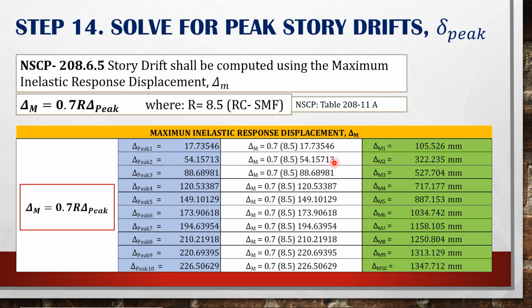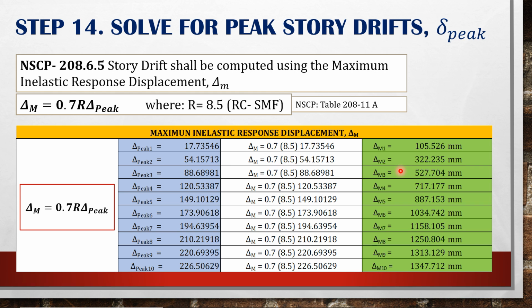So ito na yung magiging process niya, no? Ito din yung mga delta peak na pina-plug in natin dito. So ito yung formula solution. Then ito na yung magiging sagot natin. Yan. Ito yung result, no? Delta M1 105.526 mm, delta M2 is equal to 322.235 mm, delta M3 is equal to 527.704 mm, delta M4 is equal to 717.177 and so on.